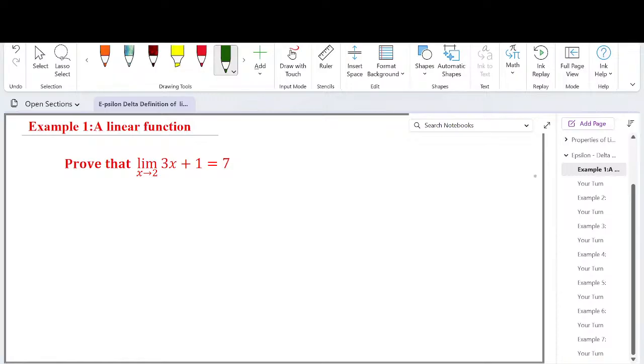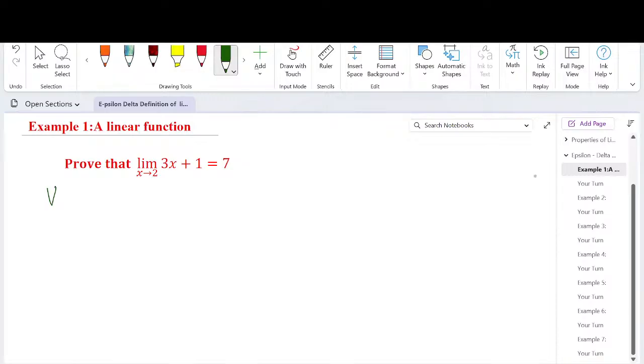Don't just write; you need to write the conditions first, then you start the proving. So unlike the first part of the statement, that is for every epsilon greater than 0, there exists delta that is also greater than 0.